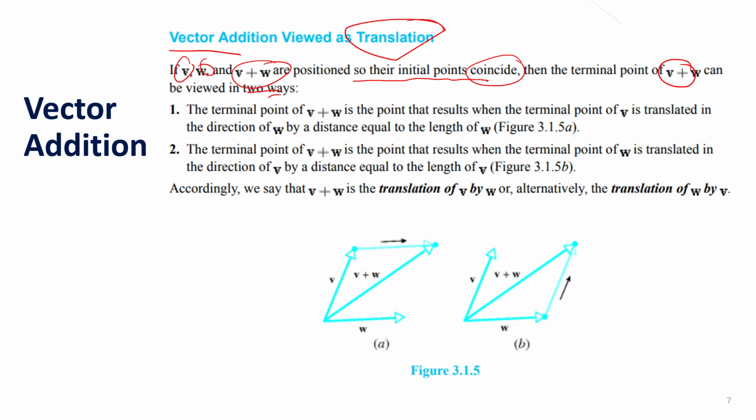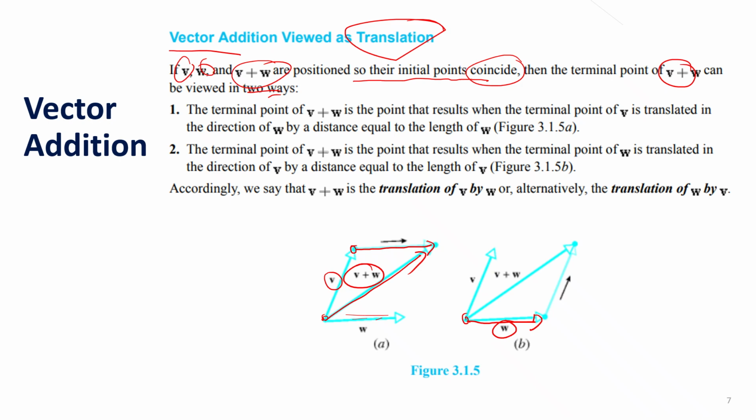First, if you put v and w here, this one is actually translating v from its endpoint by the magnitude of w with the direction of w. So here, and then v plus w will be this one. Or the other way around, v will be this one, w is this one.